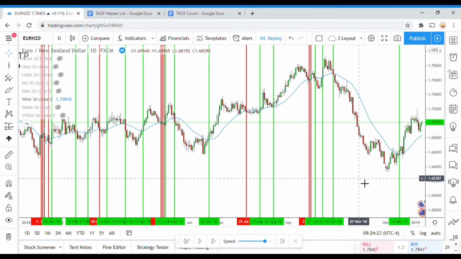So, not horrible by no means. I mean, super close to the 60%, but there's definitely so far a better moving average out there, and that has proven so far to be the exponential moving average. And so, yeah, we'll keep going on from here.